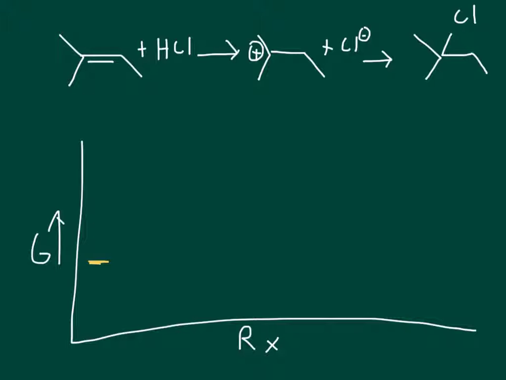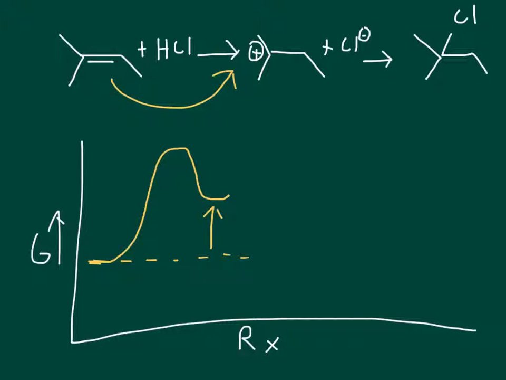Since we're going from this alkene to this carbocation, we would expect that the intermediate, or this carbocation, would be higher in energy compared to the product. So when I draw the energy diagram, I'm going to go up in energy, have my transition state, and let's say we'll go there. Once again, these levels or changes in levels are arbitrary, but the idea is that we want to make sure that we have this increase in energy from the reactants.